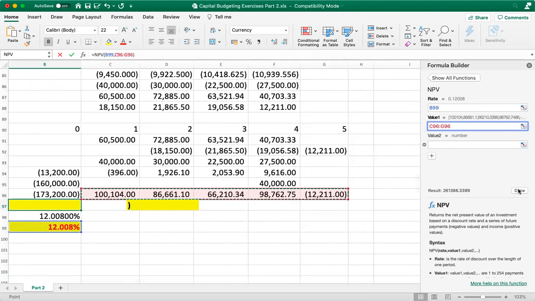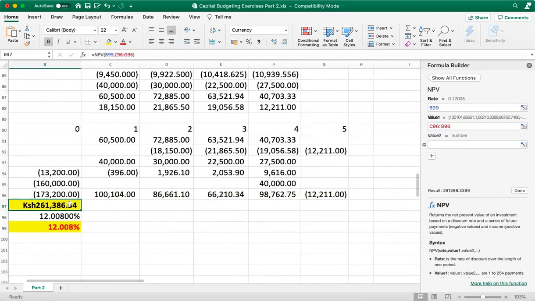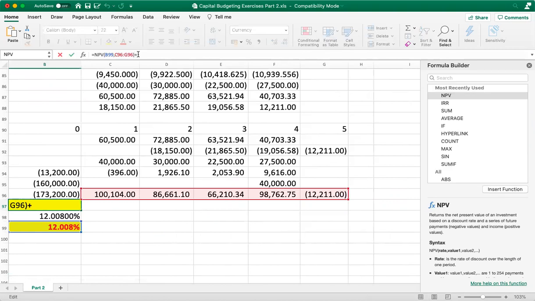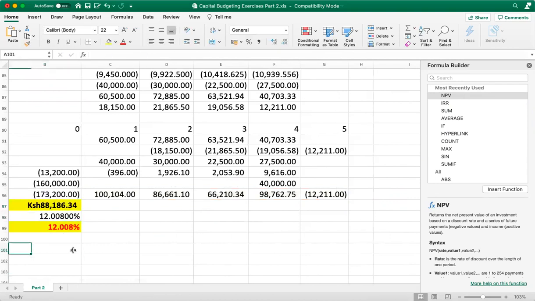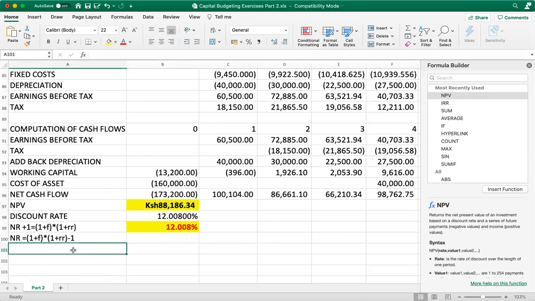And then you say, okay. Then you come back here and say, add year 0 cash flows plus year 0. Year 0 is 173,200. Then enter. Our NPV is 88,186.34. So we finished the first part, and that is what was expected.